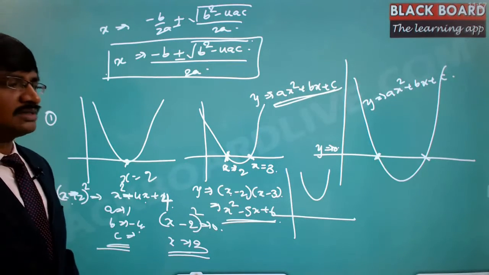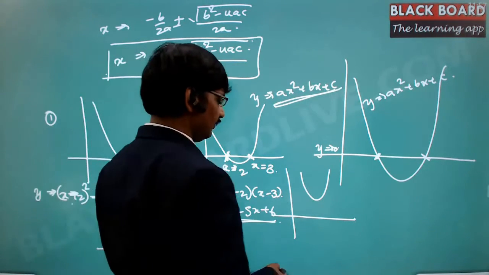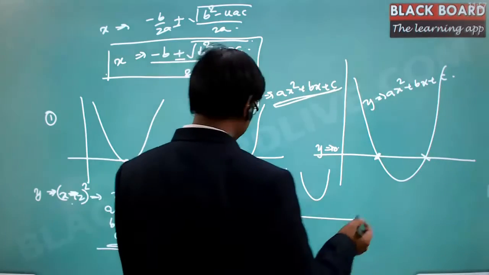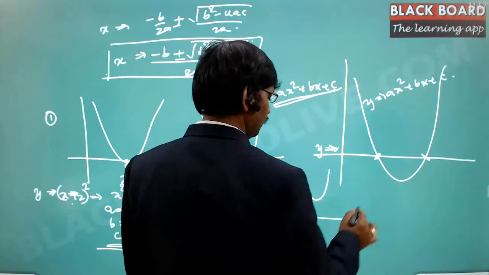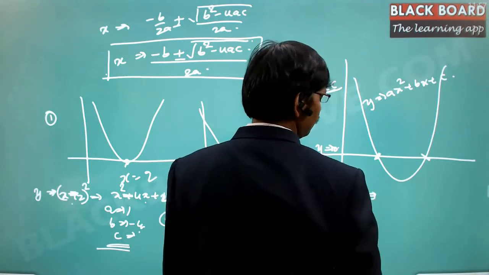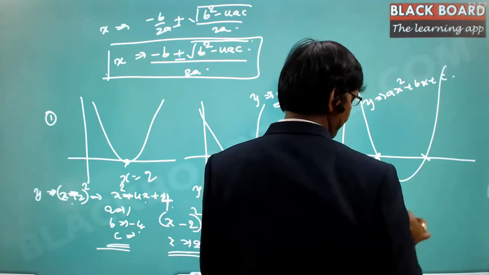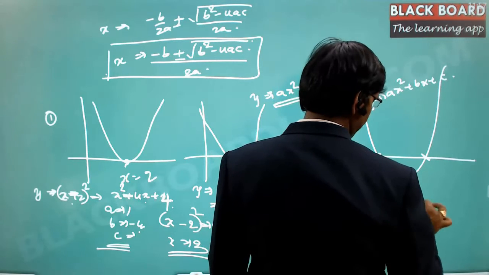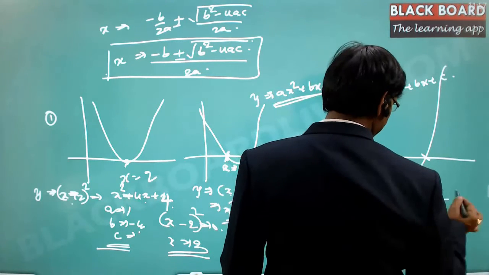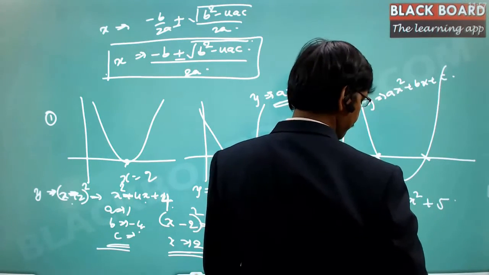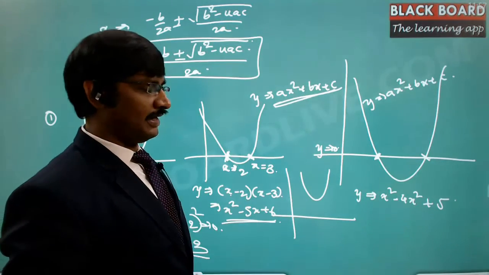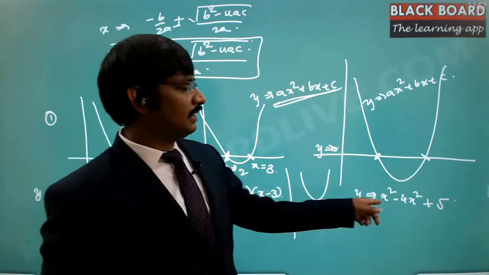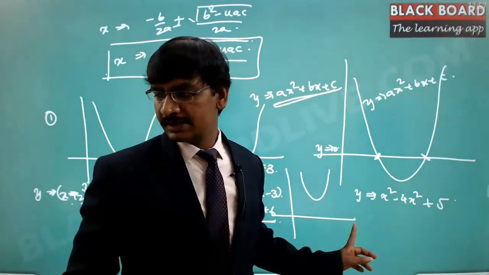Now I take one more example where the curve is of this format, that is y is equal to x square minus 4x plus 5. If I take this curve, it will never touch the x-axis at all.